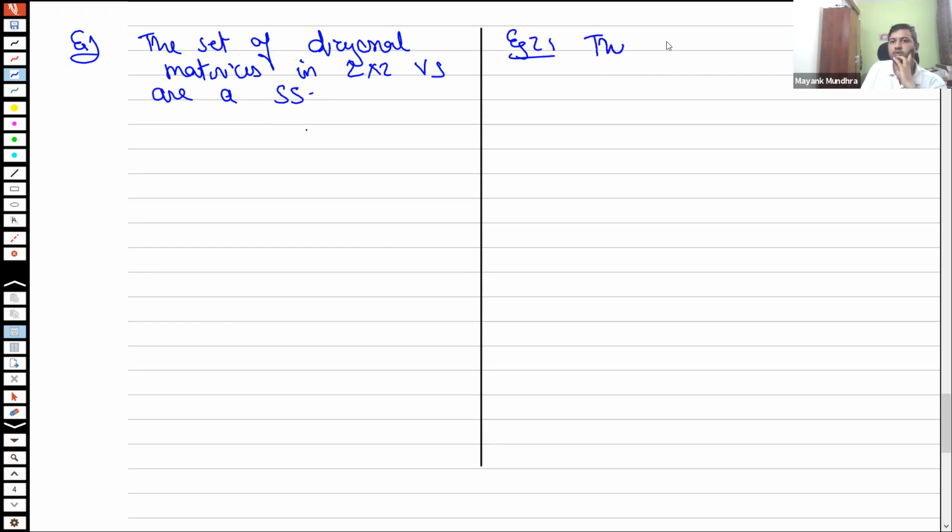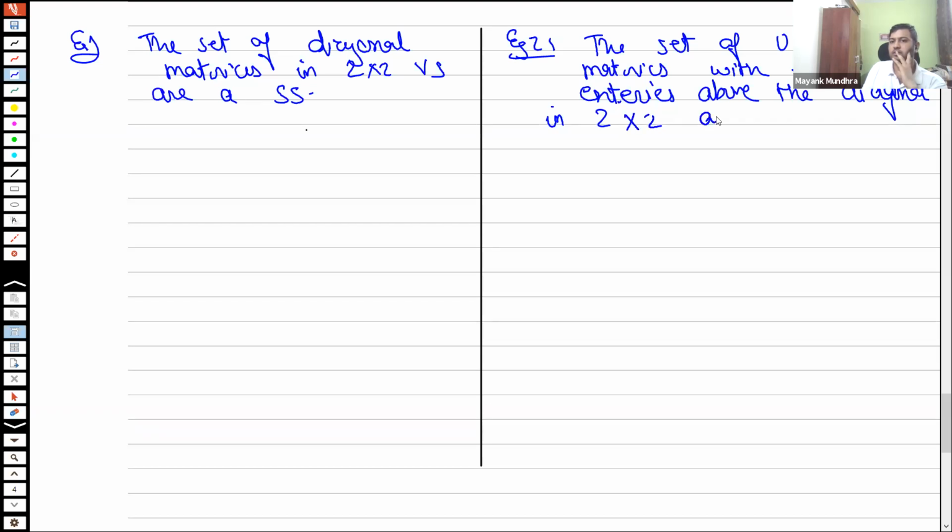Example 2: the set of upper triangular matrices with non-zero entries above the diagonal, in 2 cross 2 matrices, are a subspace.